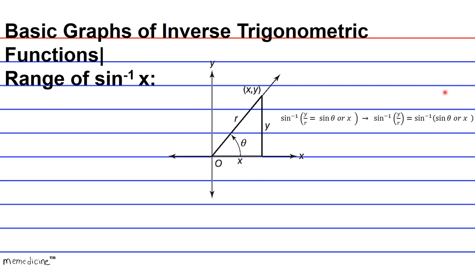This is highly repetitive, but when you evaluate this, you get that the inverse sine of y over r is going to be equivalent to the angle theta or the angle x, whatever variable system you're using. Because when you take the inverse sine of the original sine function, it will cancel out that sine function on the right-hand side. So inverse trigonometric functions undo the original function, like the base functions such as sine, cosine, secant, cosecant, all those things.